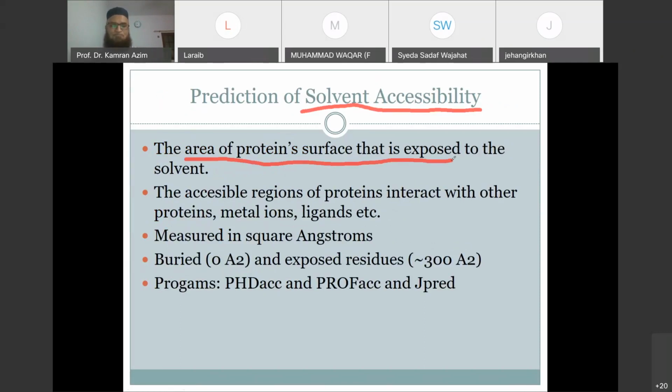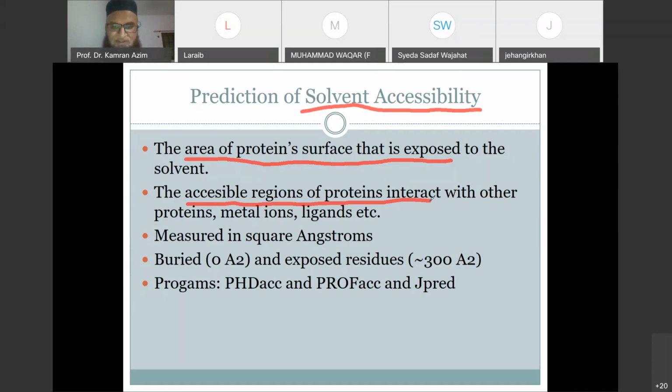The accessible region of the protein is important because these regions interact with other proteins, other molecules, metal ions, substrates and ligands, so they are important.